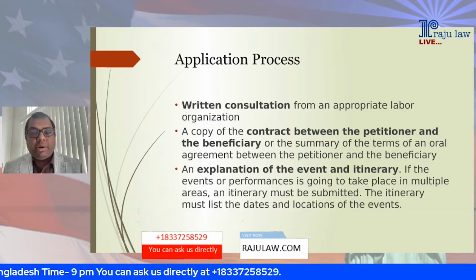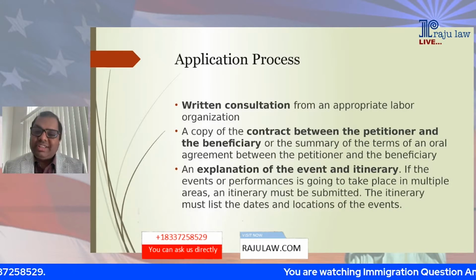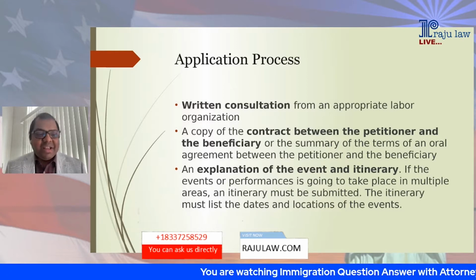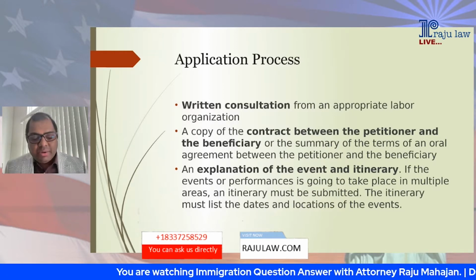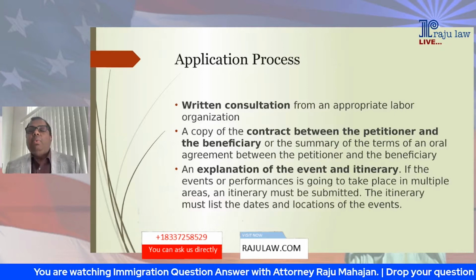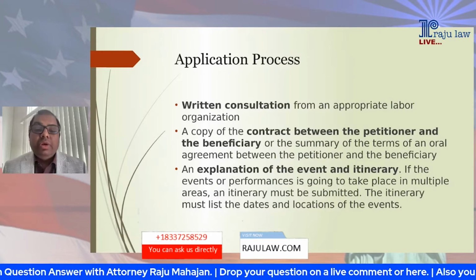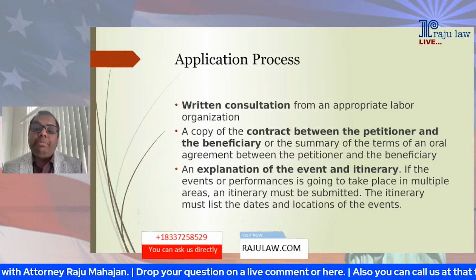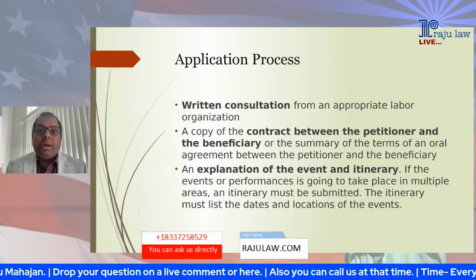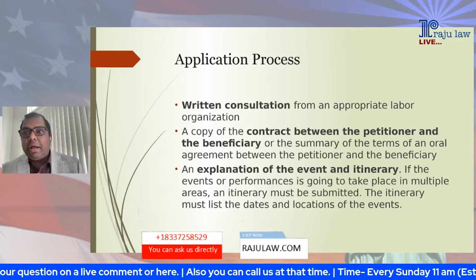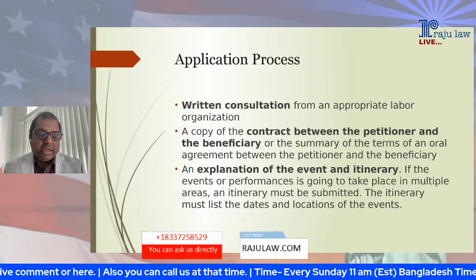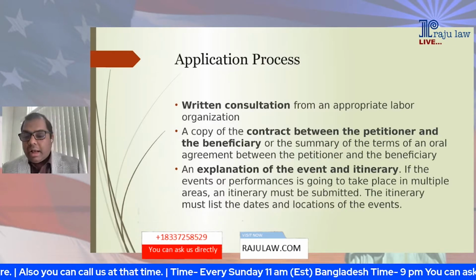All right, let's talk about the application process. Written consultation from an appropriate labor organization. This is a little tricky, and I would say this is the number one complex issue for a P3 application. You need a written consultation from an appropriate labor organization. Let's say you are a painter, and there is a painting organization in your area, say New York City has a painting group.